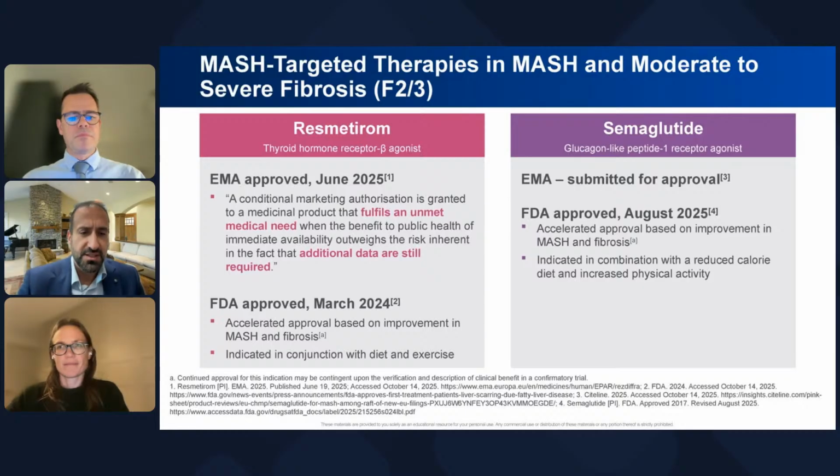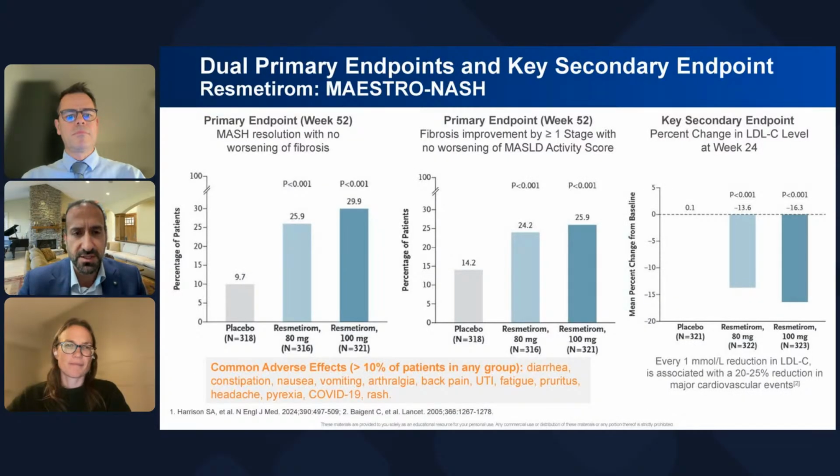It's very exciting to see that we have a couple of options now for our patients. We've had resmetirom for a year and a half, and we've had great success in the real world with good tolerability, low discontinuation rate, and we are seeing some preliminary efficacy data.